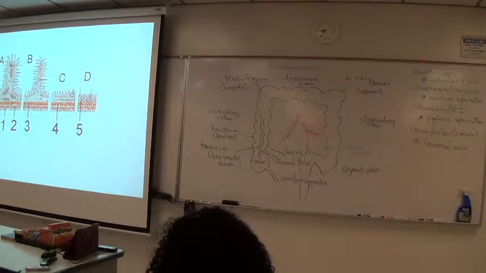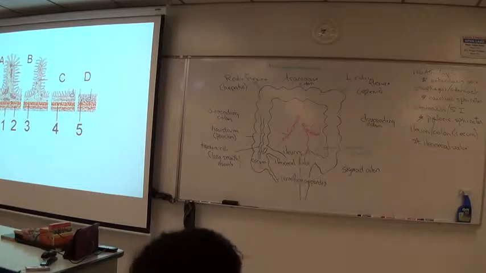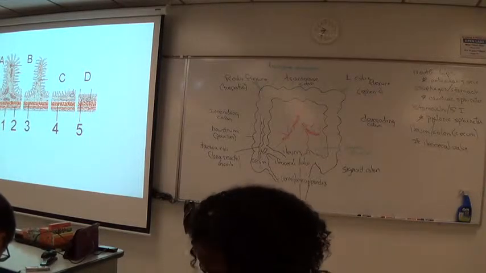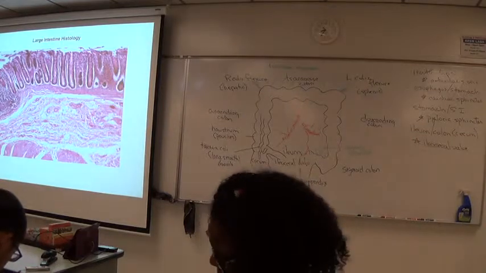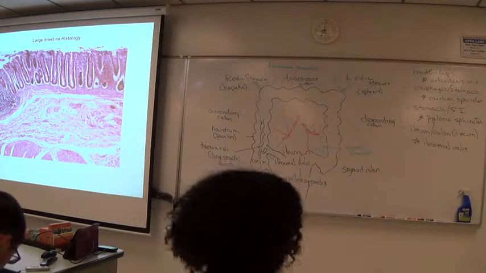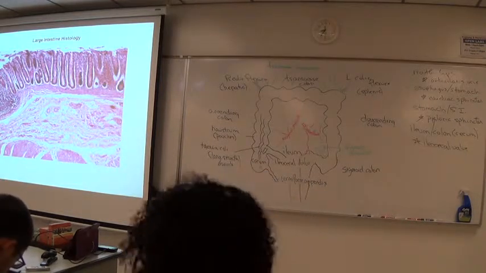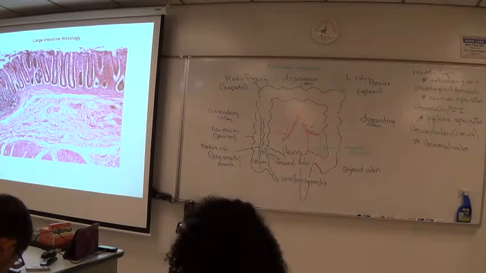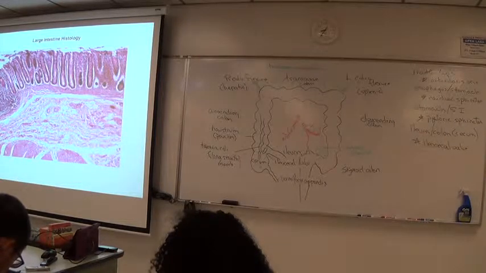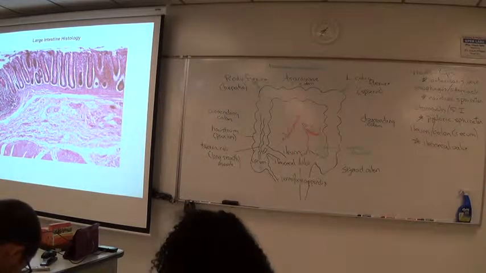This is just an illustration of the changing epithelia from our villi to our colon, from duodenum to jejunum and most distal aspect. So here's the histology of the mucosa. Remember the schematic that I gave you for the stomach with its gastric pits, and the small intestine with the villi and intestinal glands.